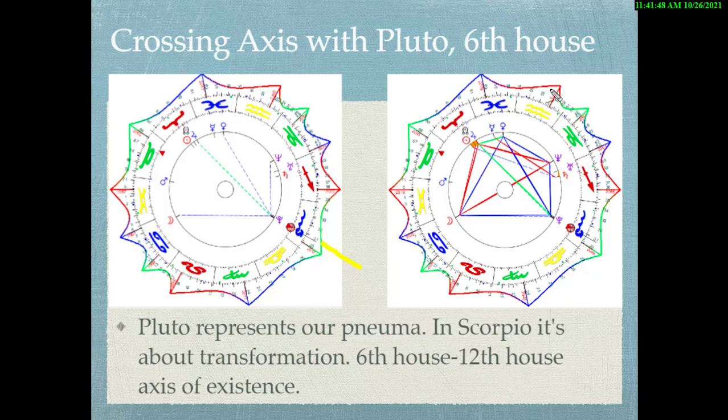Over Pluto, the unmodifiable principle of Pluto that changes you, you don't change Pluto, it represents our pneuma and our higher form. In Scorpio, it's about transformation. And in the 6th house, it's how we exist in the world.